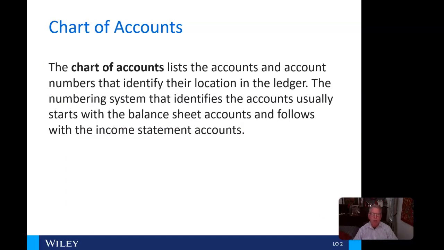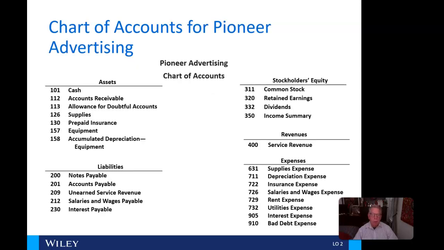A chart of accounts lists all the accounts and their account numbers that identify their location in the ledger. And the numbering system usually starts with the balance sheet and follows with the income statement accounts. And this is a perfect illustration of how that's done here. You can see that all the asset accounts have a 100 series here, and the liabilities have a 200 series. The stockholders' equity have a 300 series.